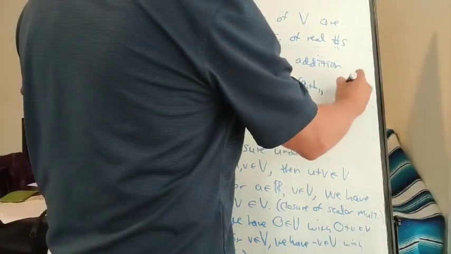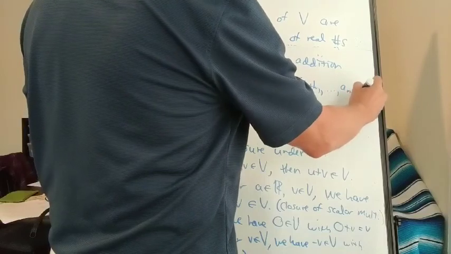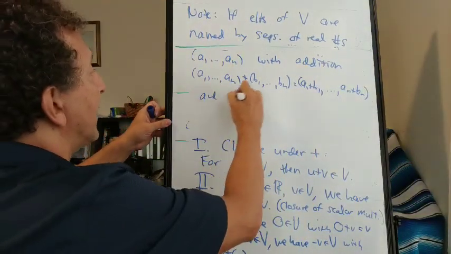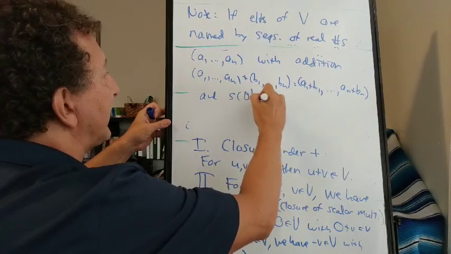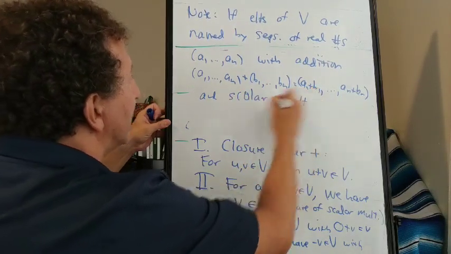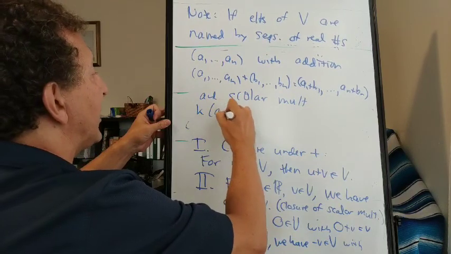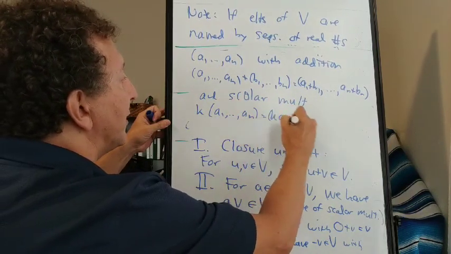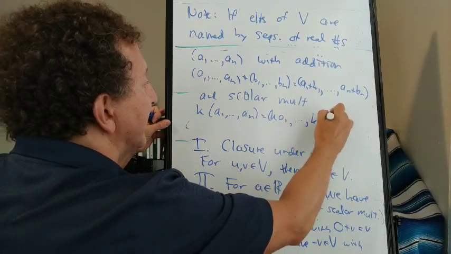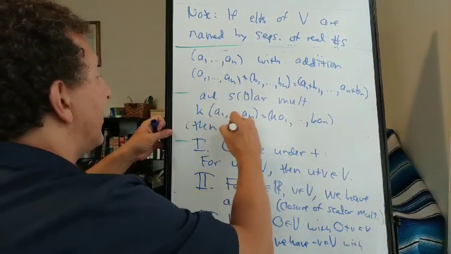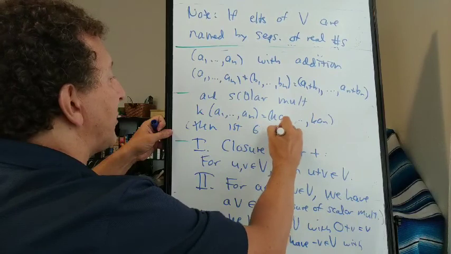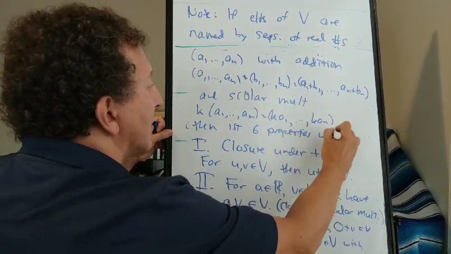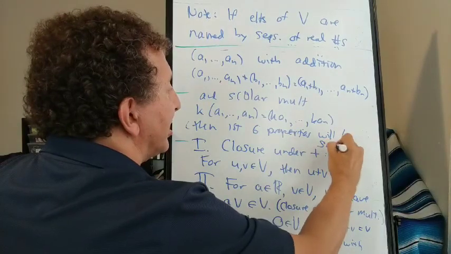So if we just add the corresponding numbers, and scalar multiplication, k times A1 through AN equals KA1 through KAN, then the first 6 properties will be satisfied.